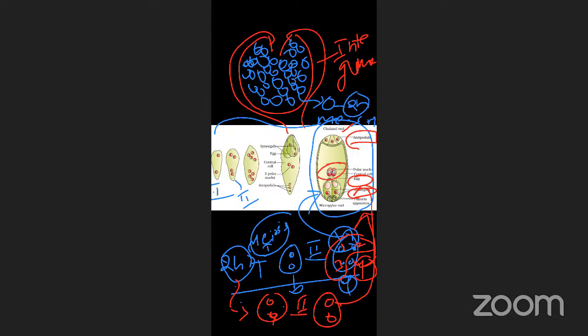So the total number of cells in the embryo sac is 1, 2, 3, 4, 5, 6 and 7 cells. But the number of nuclei is 8, because the polar cell has 2 nuclei. That's why the embryo sac has 7 cells and 8 nuclei. So this is megasporogenesis.